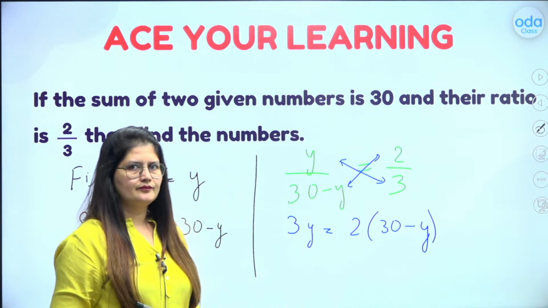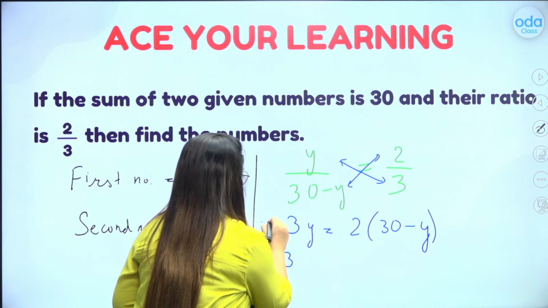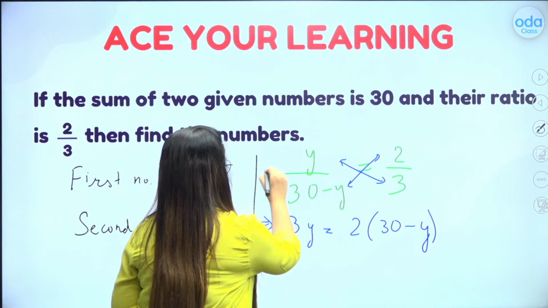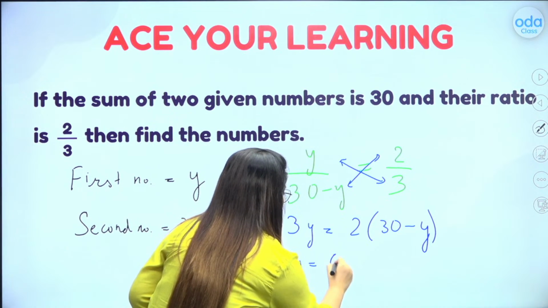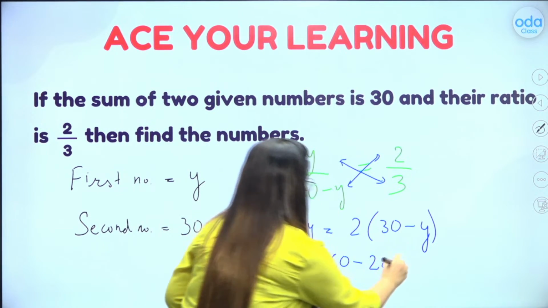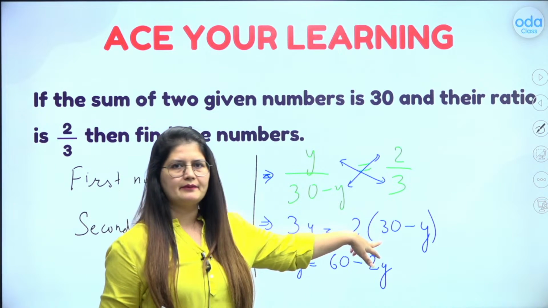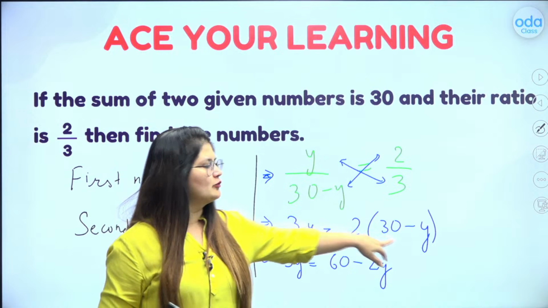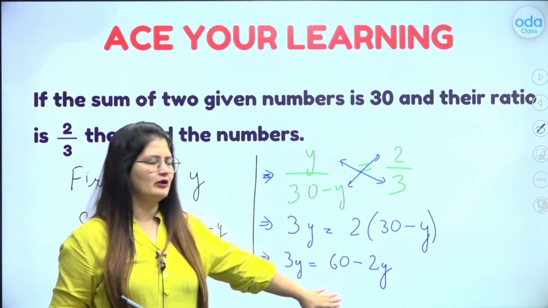So let's write it as 3y is equal to 60 minus 2y. We have just opened this bracket: 2 multiplied by 30 is 60 and 2 multiplied by minus y is minus 2y.